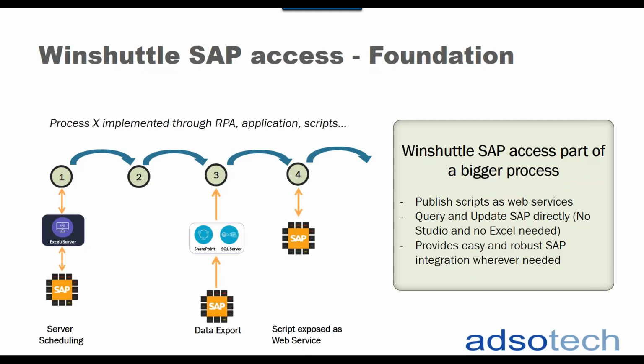And if you have some BAPIs or remote function calls, you can use those in a Winshuttle transaction, and then make a web service out of that as well. So you get a very easy interface, something that is easy to build without any programming, and that you can use in a very easy way.